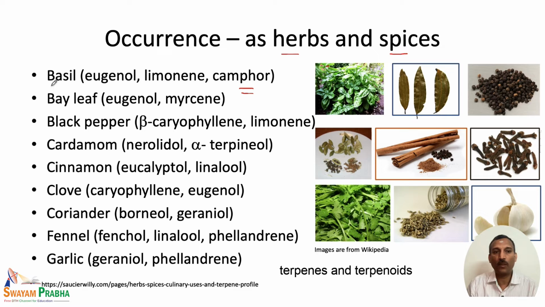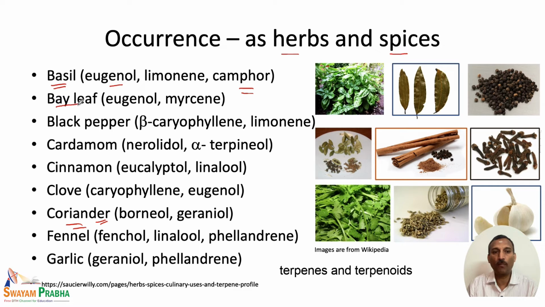Say for example, the basil leaf or the coriander leaf which we are using contain a couple of terpene compounds or terpenoids. So basil contains eugenol, camphor, limonene as some of the terpenes, and borneol and geraniol are present in coriander. So this gives a different flavor to our food.